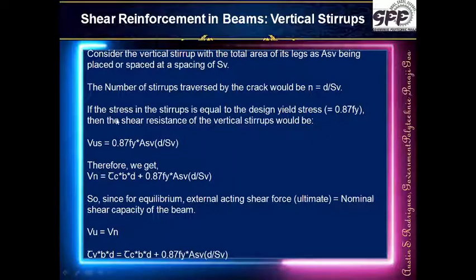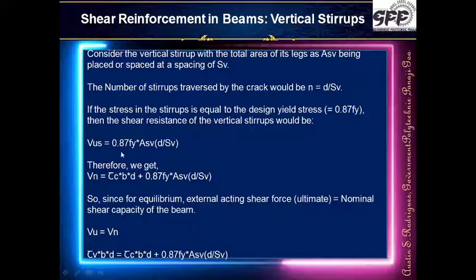So if the stress in the stirrups is equal to the design yield stress, that is 0.87 fy, then the shear resistance of the vertical stirrups would be VUS, equal to the stress into the area and the number of bars cut. How many bars are cut by the crack, multiplied by the area, multiplied by the stress.